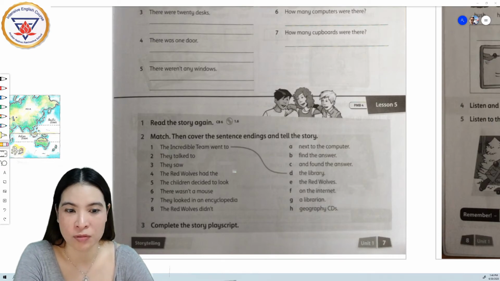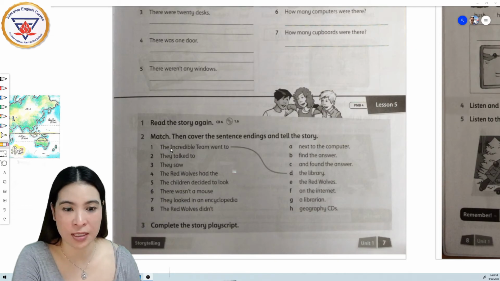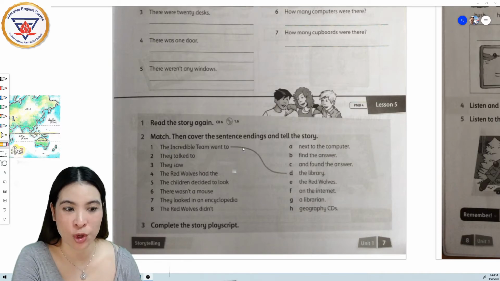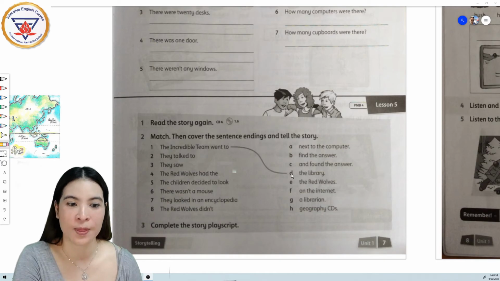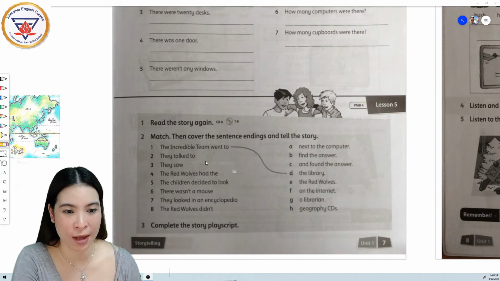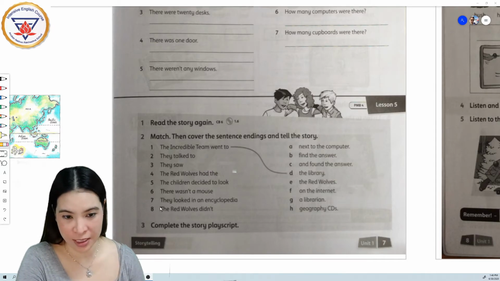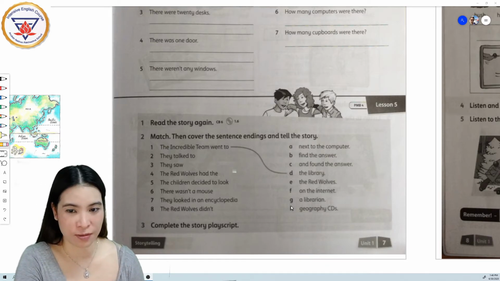For example, number 1, match the right hand side to the left hand side. Number 1, the Incredible Team went to the library. Then you will have to match number 2 to number 8, that is, letter A to letter H.